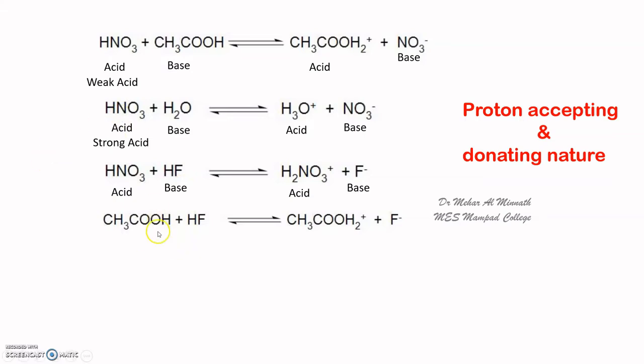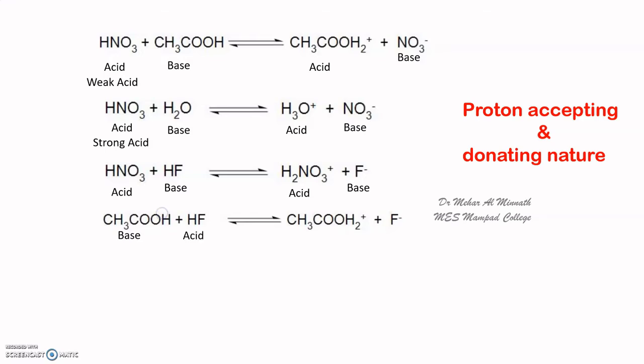Now take acetic acid and HF. In the presence of water, acetic acid acts as a weak acid, we know that. But in the presence of HF, acetic acid will act as a base.